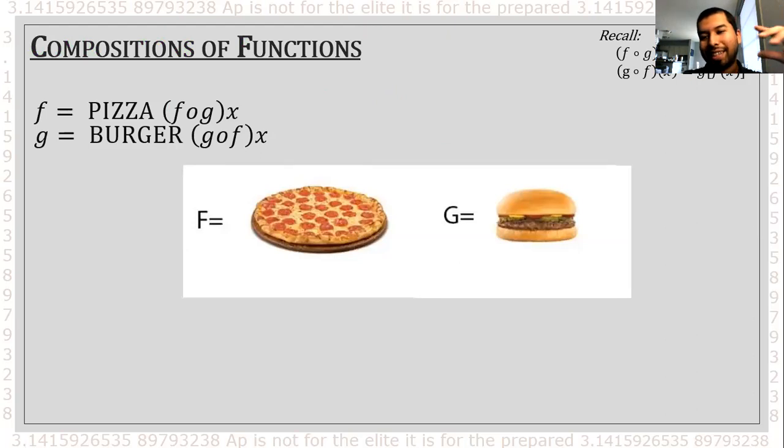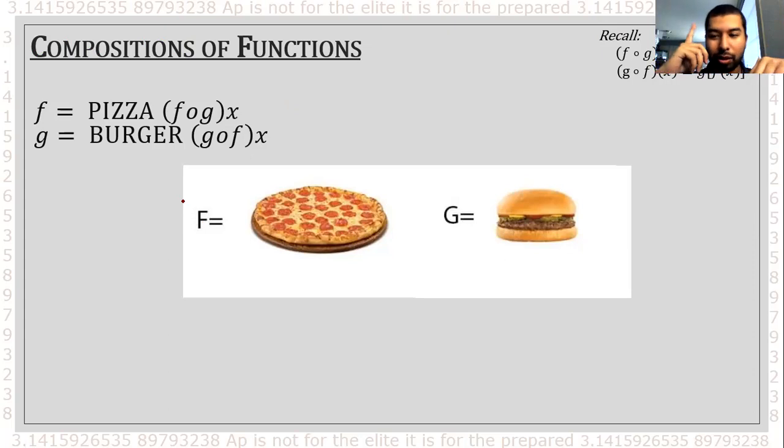Okay. So this is like the perfect meme for this lesson. Unfortunately, I didn't make this one. I stole it from a math group that I'm in, but it's still pretty good. So pretend the function f is a pizza. Pretend the function g is a hamburger.